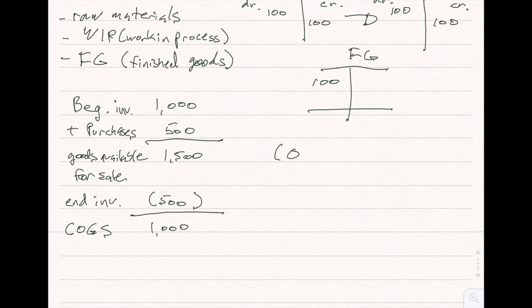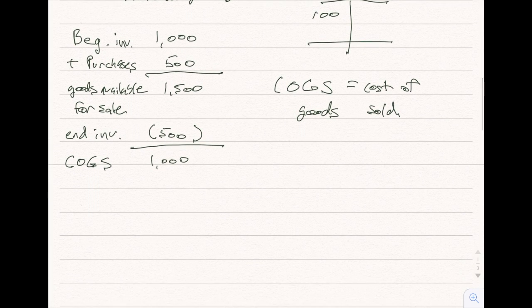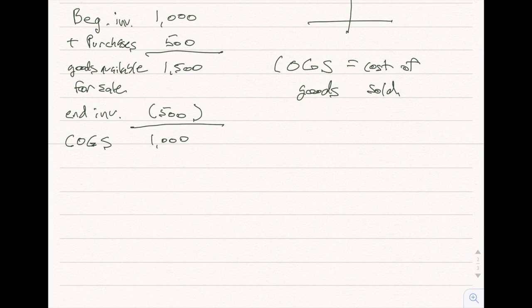So COGS, that's your cost of goods sold. Okay? So it could go either way. In a lot of books you'll see it this way, but it could be the opposite.